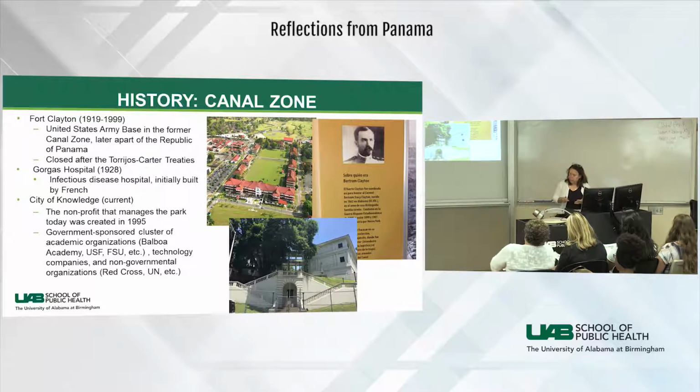There's non-governmental organizations like the Red Cross and the UN. The mission of the city is to be innovative and to encourage social change through humanism, science, and entrepreneurship. We were lucky enough to visit this area and see all the work that they're doing. And currently they are heading the initiative to help with recovery from Hurricane Dorian.